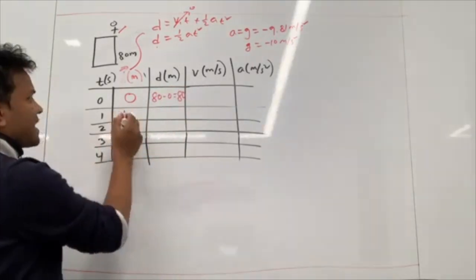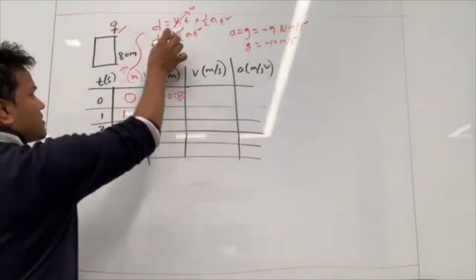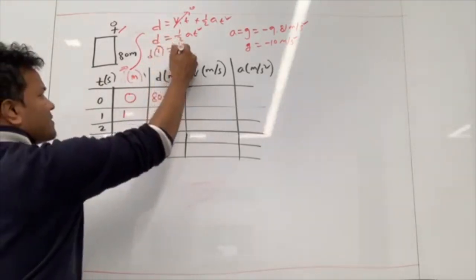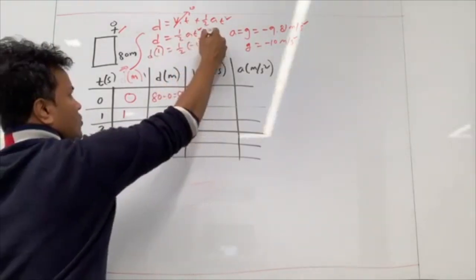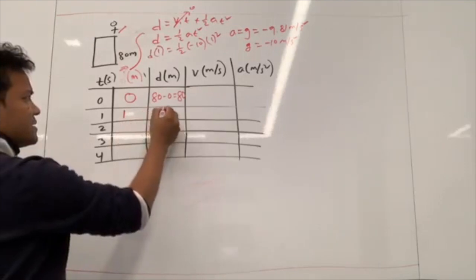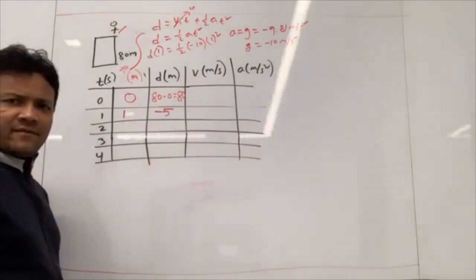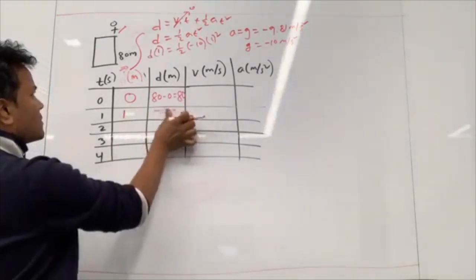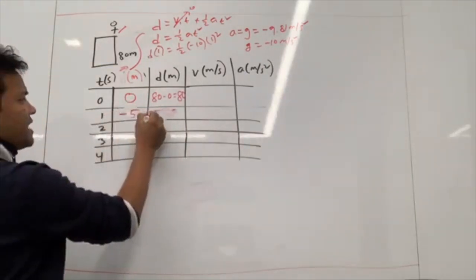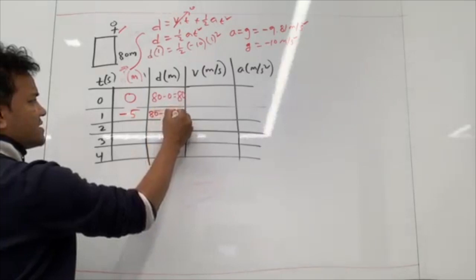What about at 1 second? Let's plug in 1 over here. So if you write d of 1 is equal to half times negative 10 times 1 squared, then you get negative 5 meters. At 1 second, you get negative 5. 80 minus 5 is 75.